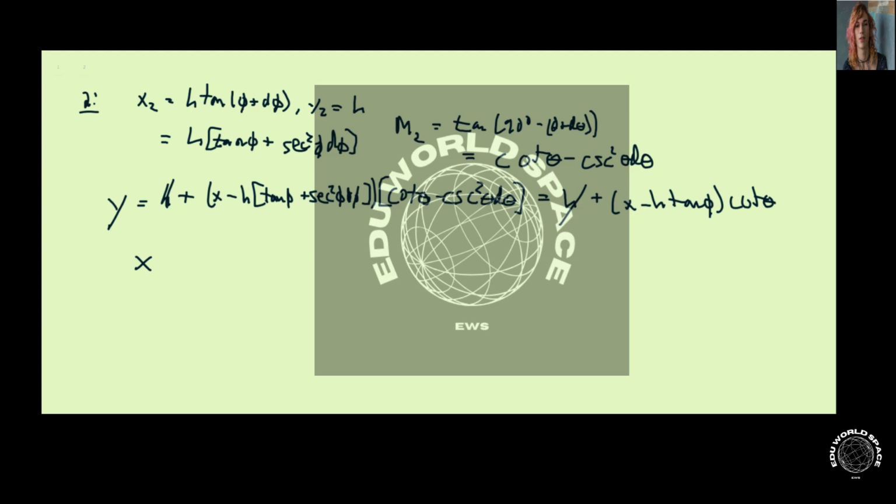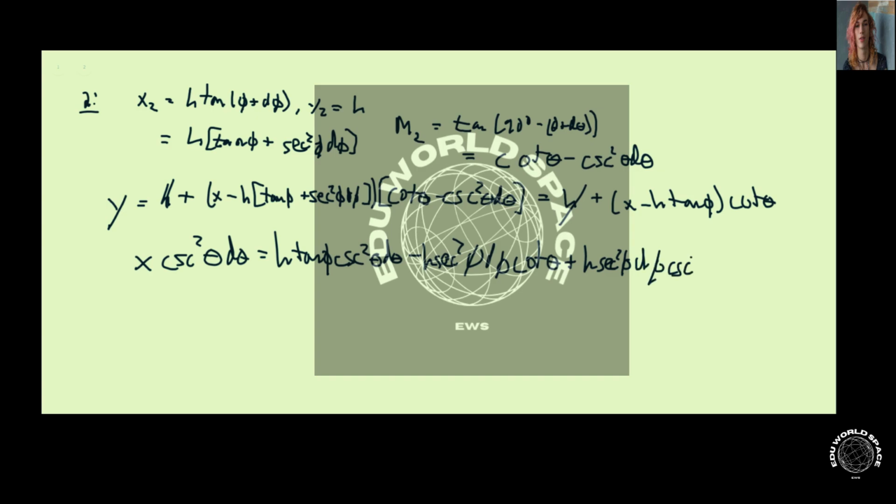We should get x cosecant squared theta d theta equals h tan phi cosecant squared theta d theta minus h secant squared phi, and this is d phi, cotangent theta plus h secant squared phi d phi cosecant squared theta d theta.